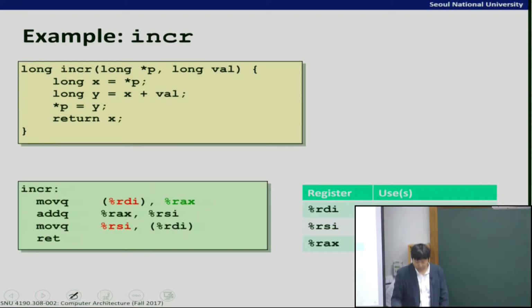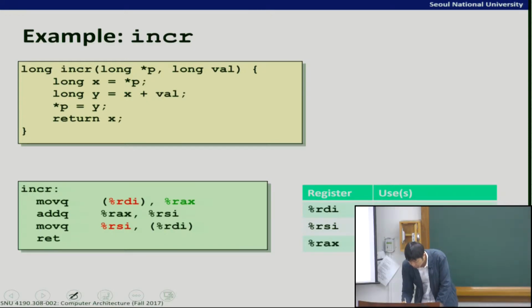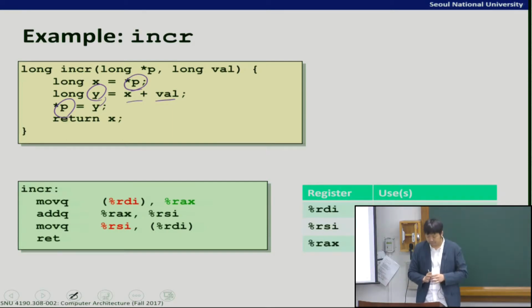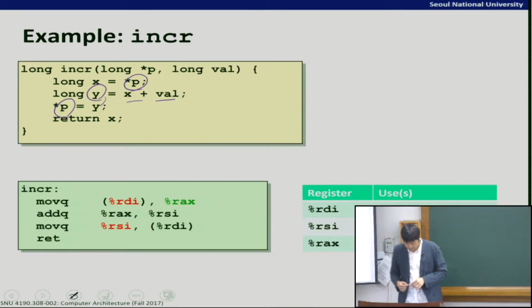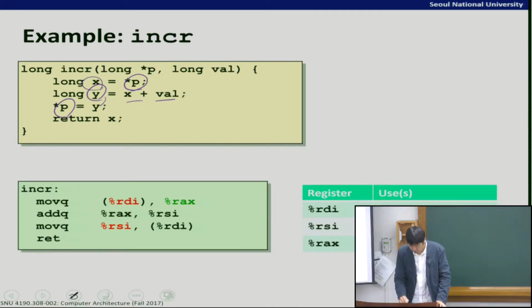So it reads the value from the pointer, adds val to it, and stores the sum back to the memory location pointed to by p. And then you return the original value, the old value of the memory location at pointer p. So that's what it does.